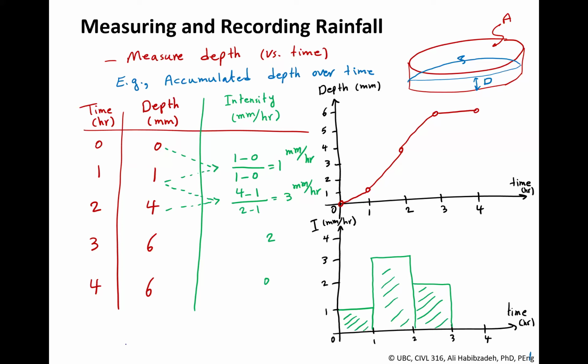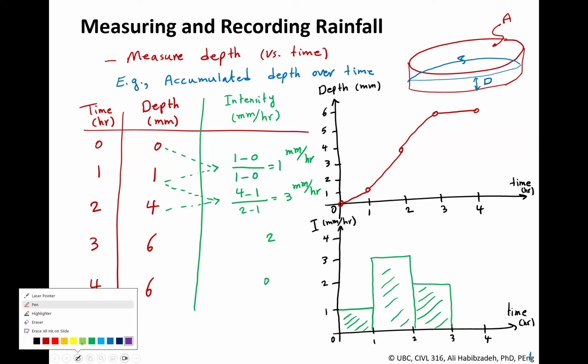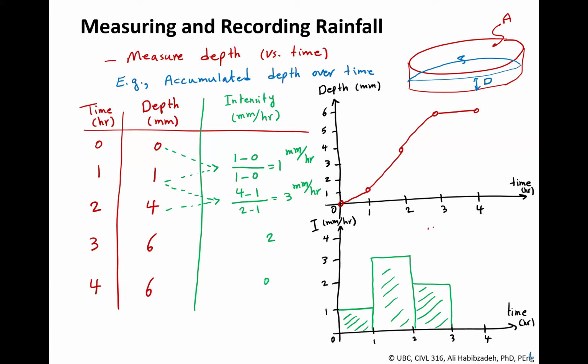So what that means is that if we look at depth data, and take them, let me actually change color here, and look at variation of depth with time, delta D by delta T, that gives us intensity. In other words, if we have the depth versus time graph, which is the one I have up there, and if we differentiate, right, take the derivative, we get the intensity graph, let's call it, or chart.